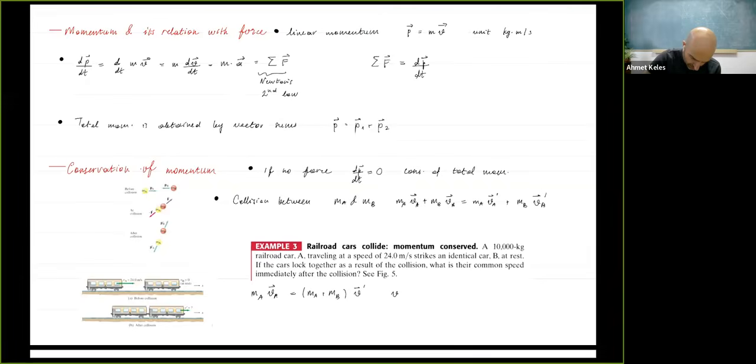V prime should be equal to, okay, the masses are equal, so it's going to be equal to 1/2. Maybe I can write one more step. MA times VA over MA plus MB, and this is 1/2 VA, and this should be equal to 12.0 meters per second.